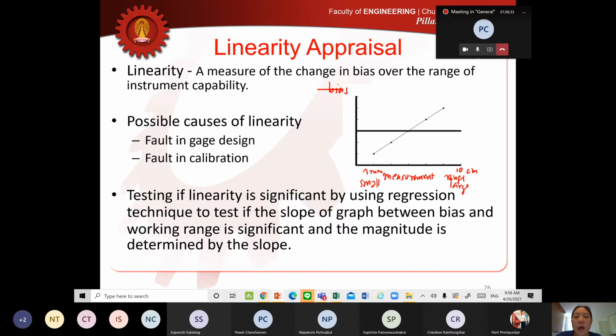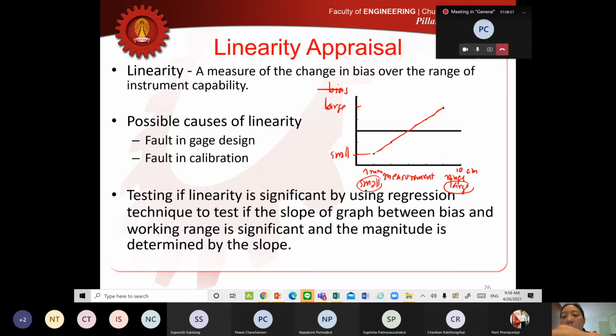If there is a linear relationship, for example in this graph, when the part is small, the bias is small, and when the part is large, the bias amount is large also. So there will be a linear relationship between bias and the measurement value.